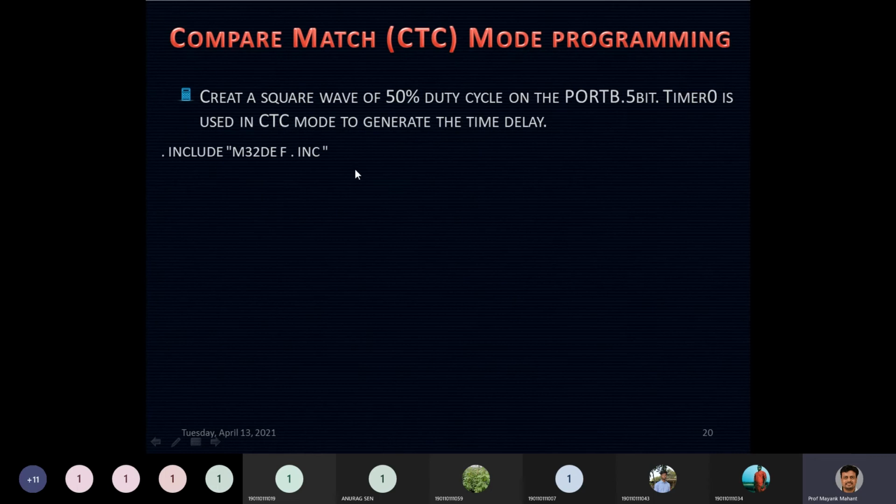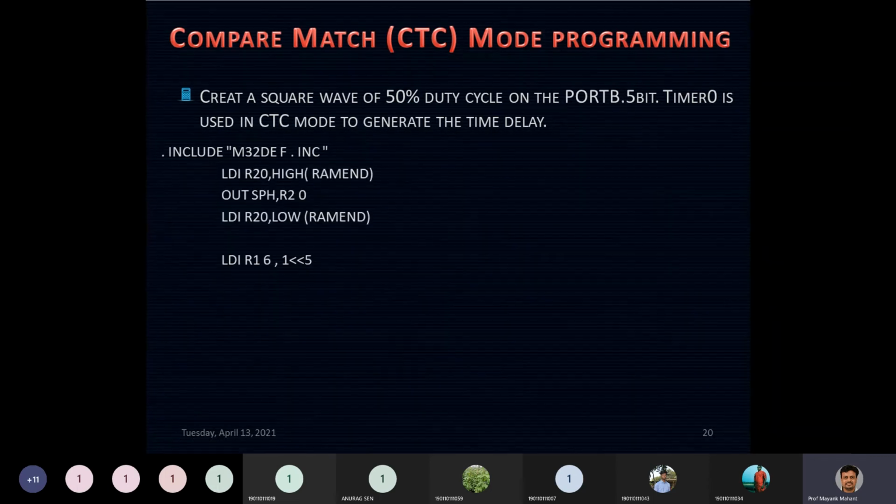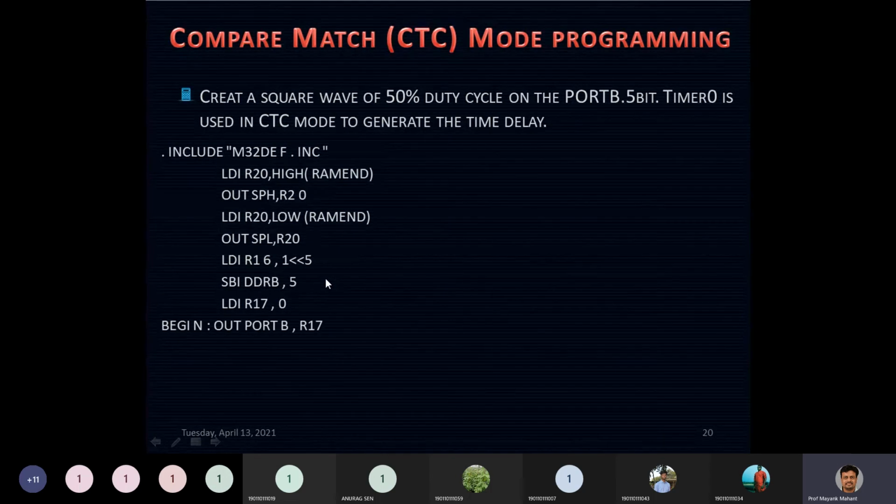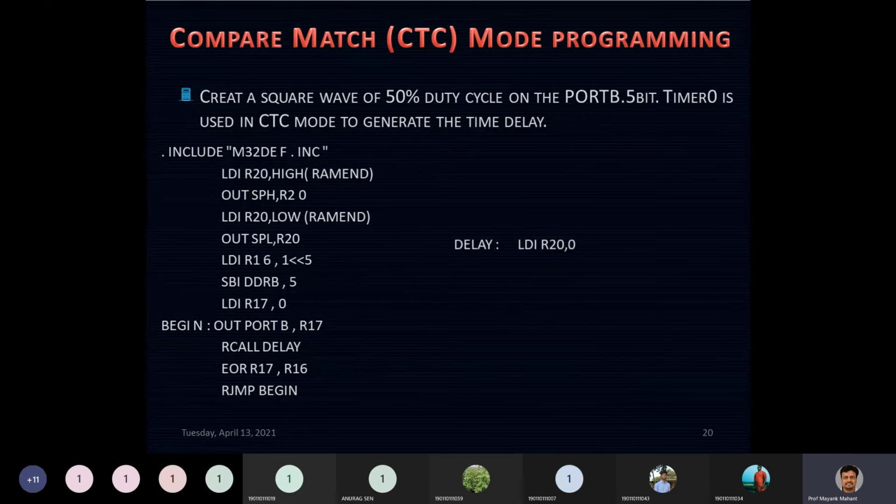Again, this will remain the same: include m32DEF.INC, initialization of stack, shifting the value of R16 by 5, setting the DDRB register, setting R17 as 0, sending it to output, delay calling, XORing R16. The only thing that will change would be in the subroutine.